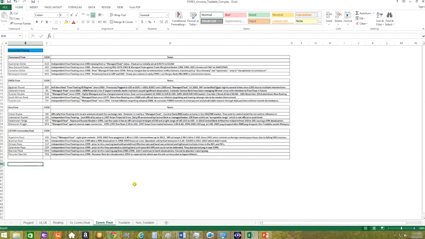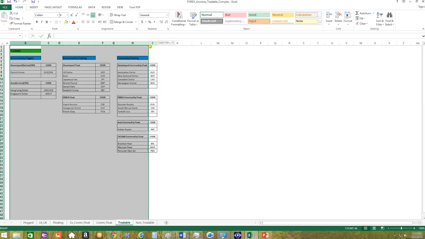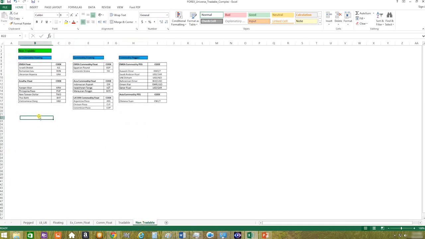And we've got this list for you here in the Forex Universe Tradable Complex spreadsheet in that file. And we have all the tradable instruments here. What we've also got is what's generally not tradable. So we've split that up into the ex-commodity floating currencies, the commodity floating, and the commodity pegged currencies.